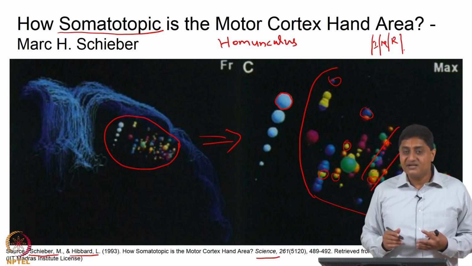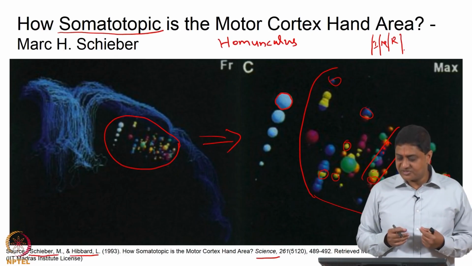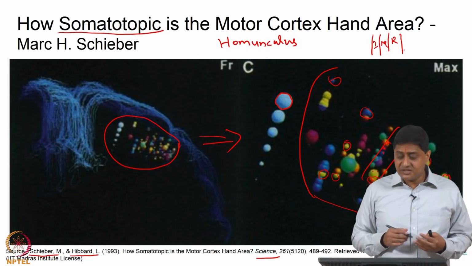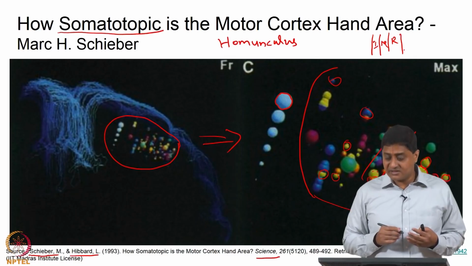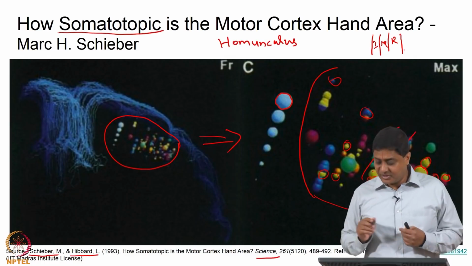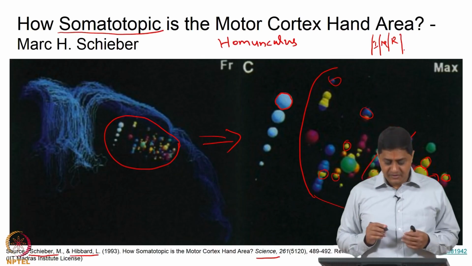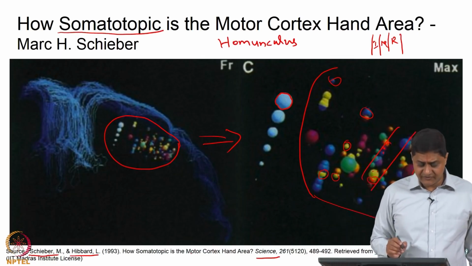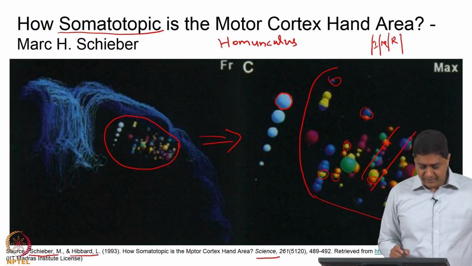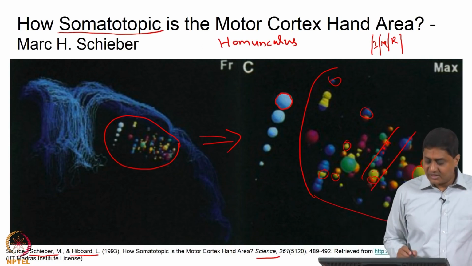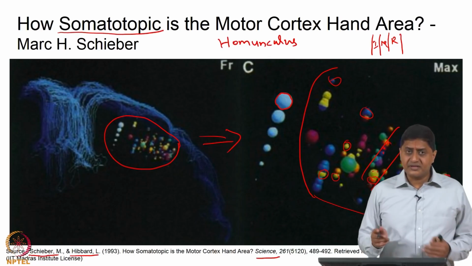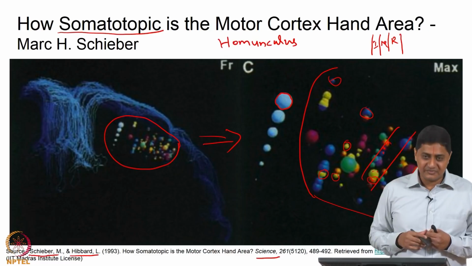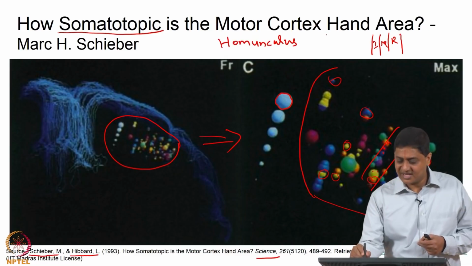So, what is present is a distribution of neurons that are representing each finger, and if you take a particular area also, there are neurons that support multiple sites. Okay. So, this is the work of our colleague from Rochester, Mark Schieber, showing that the somatotopy is not so strict within the motor cortex hand area.